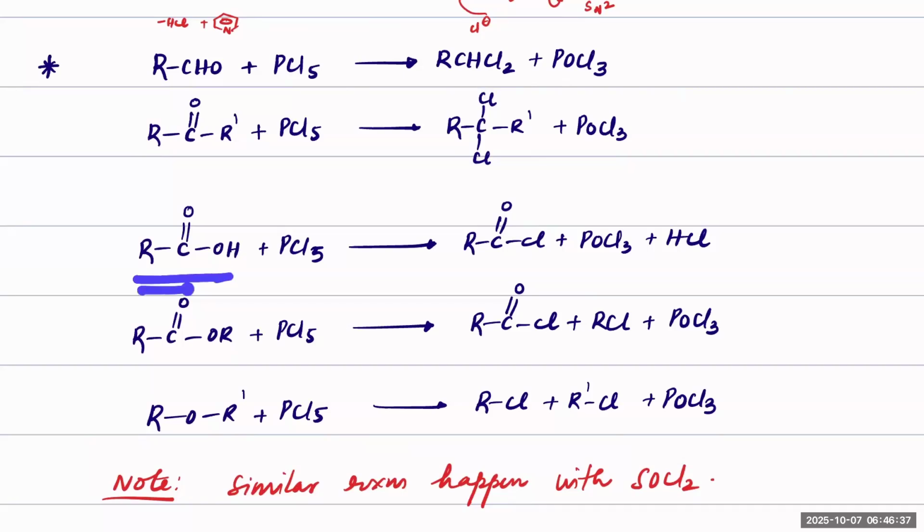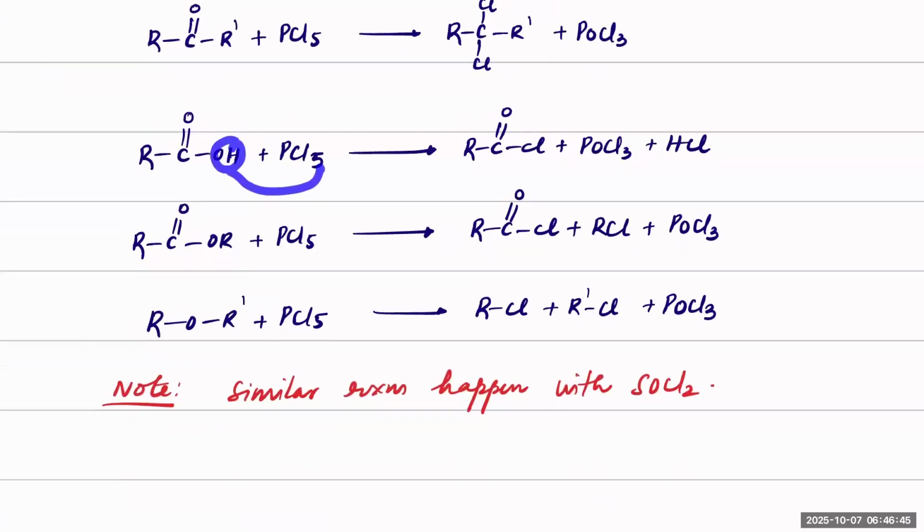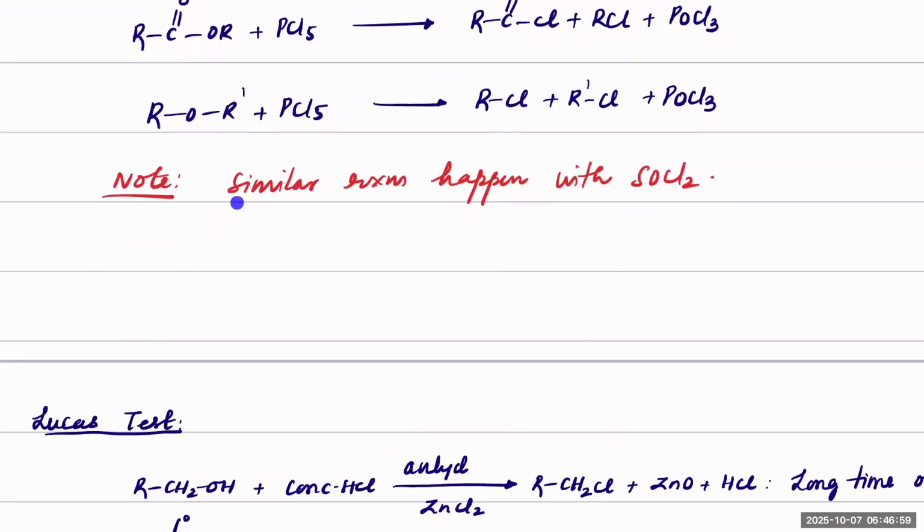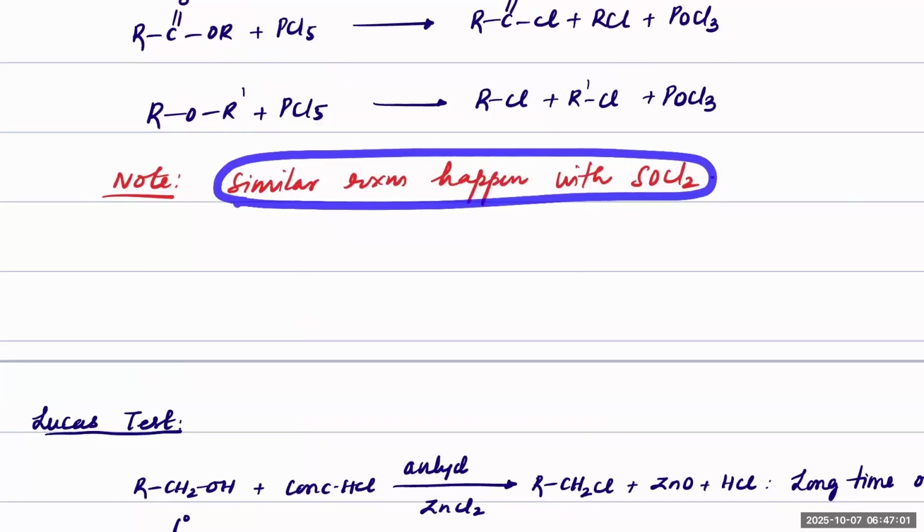Acid plus PCl5, you will be replacing chlorine here now. OH will be replaced with chlorine. Similar reaction here also, OR will be replaced with chlorine. If you have ether, both will turn into alkyl halides. Got it? Similar reaction happens with SOCl2 also.